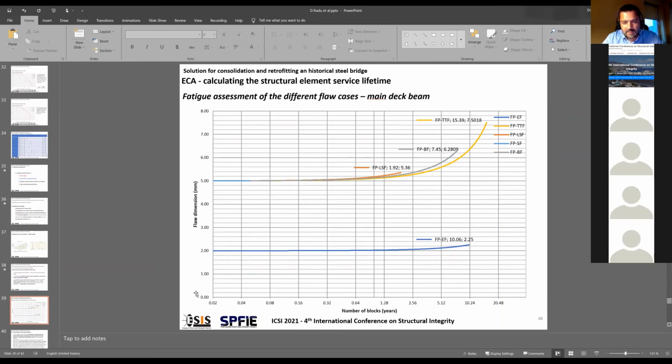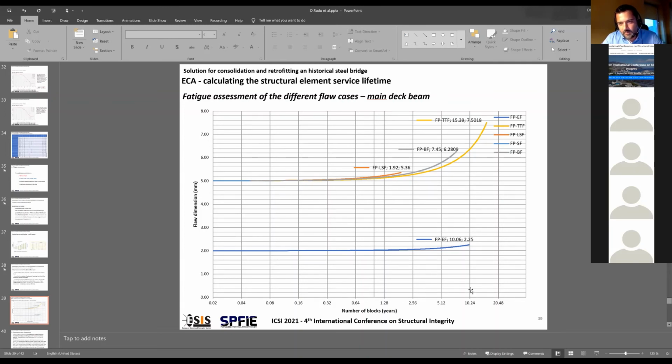This is a very important graph, in which we determine the number of blocks, the number of years, considering the flaw dimension, needed for a crack starting from a point to extend to the critical size of crack.